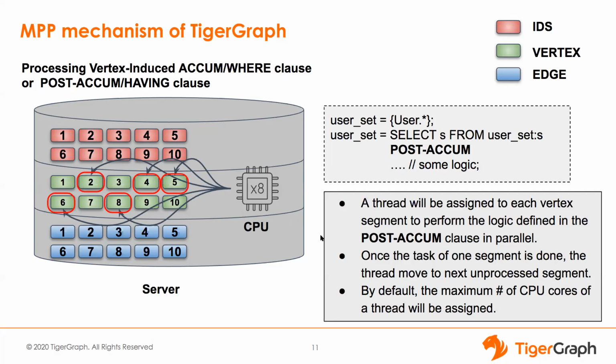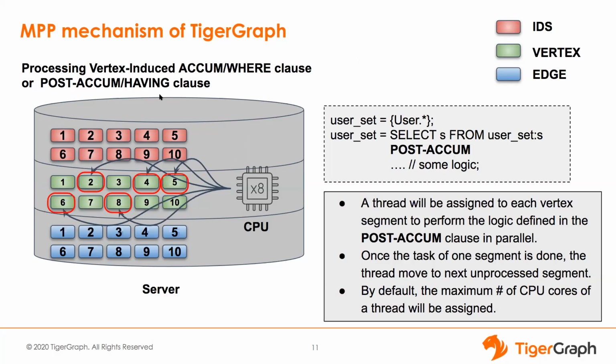Since they are in parallel, once the task for a segment is done, each thread will just move to the next one that is not processed yet. So you always keep the threads busy until the tasks of all the segments are done. Okay, so this is an example of how we process the logic defined in post-accum in parallel.